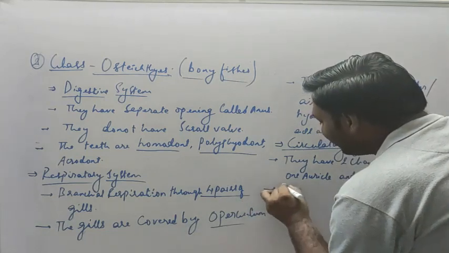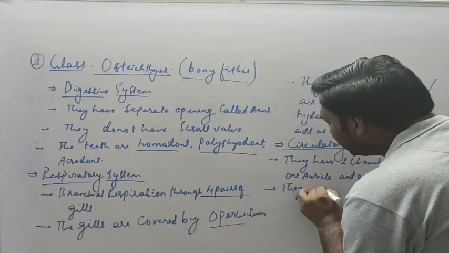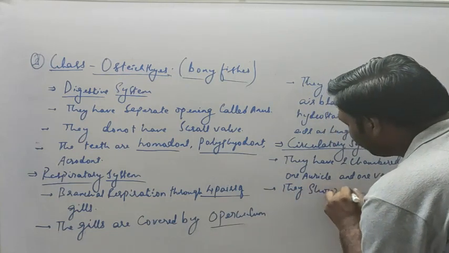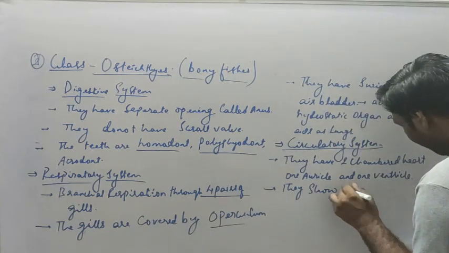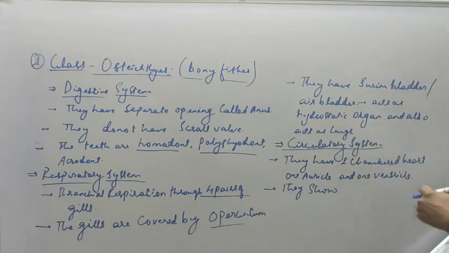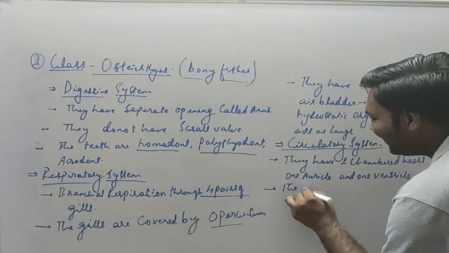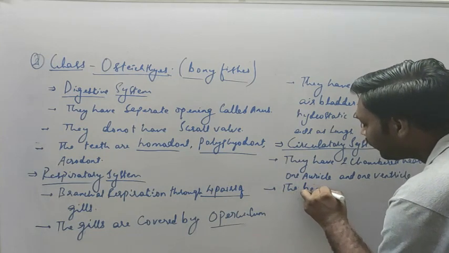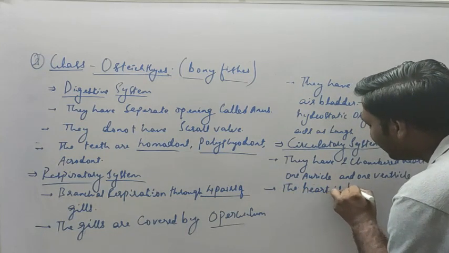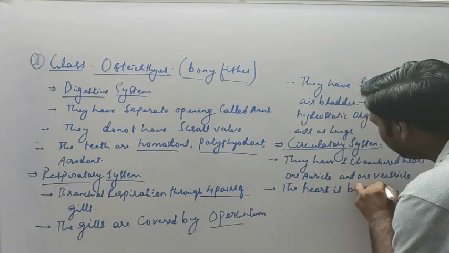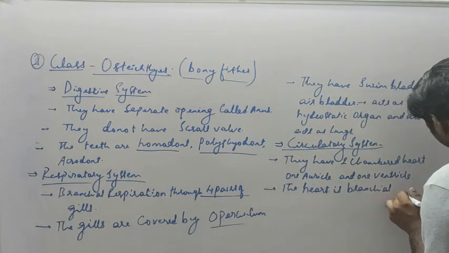Next, they show branchial type of circulation, or we can write the heart is branchial type.